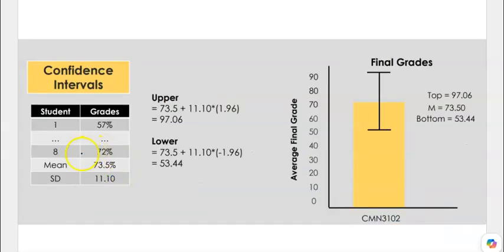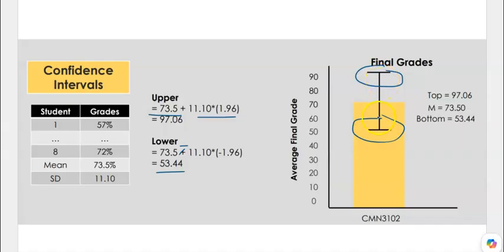So you can see the example here. The upper will be 73.5 plus the error bar, which is the standard deviation multiplied by the z-score of 95%, 1.96. And the lower will be 73.5 minus that, so it becomes 53.44.